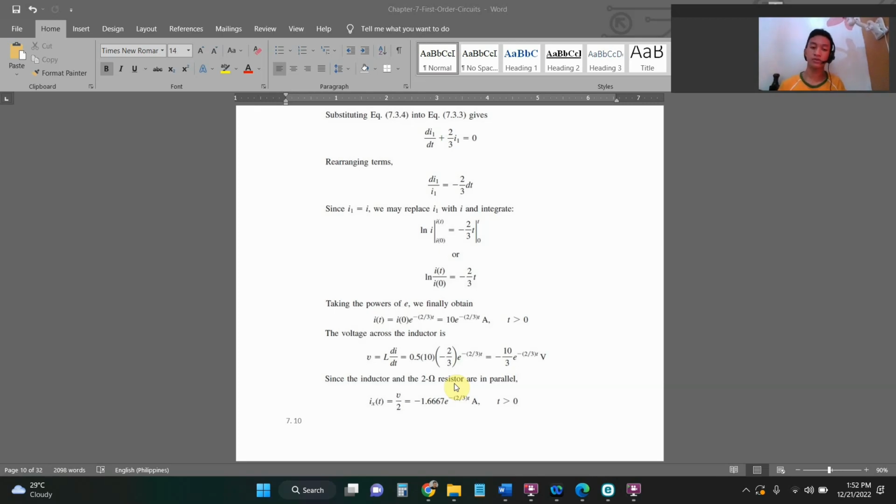Since the inductor and the 2 ohms resistor are in parallel, we can solve for Ix by V divided by 2. Since R sub x is 2, by dividing V by 2, we can get negative 1.6667 e raised to negative 2/3 t.